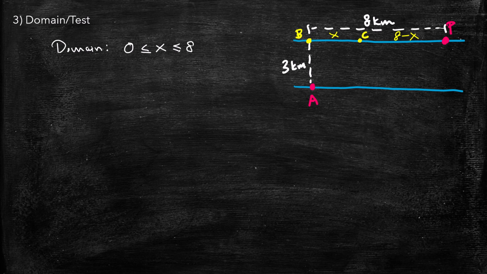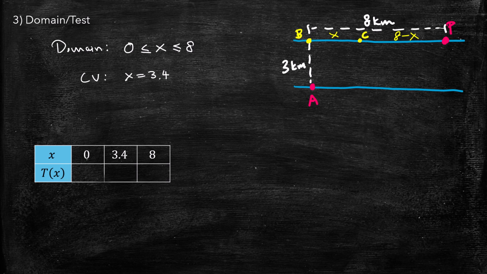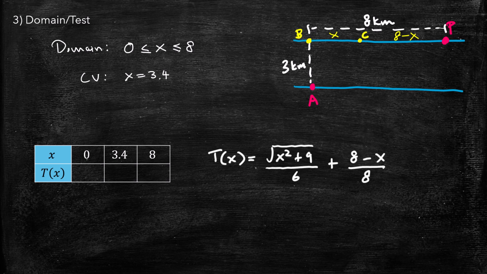So once we've established this domain, the endpoints 0 and 8 are indeed candidates, and what we have to do is test our value. Remember, we got that x equals 3.4 is the critical value. So we need to make ourselves this little table. We're going to do the candidates test, where we consider the endpoints and also any critical values, and we plug those values into our time function.